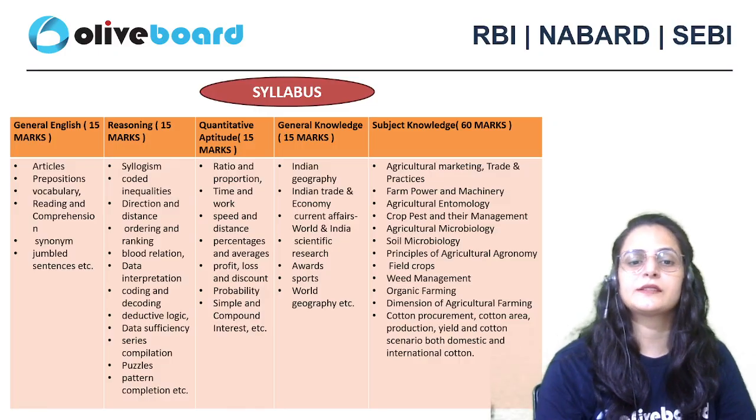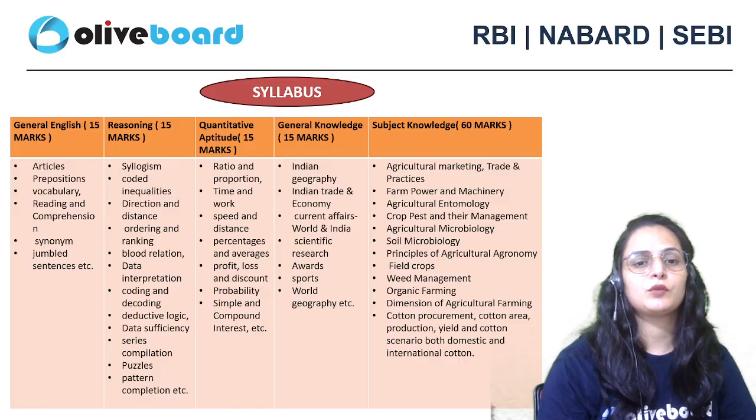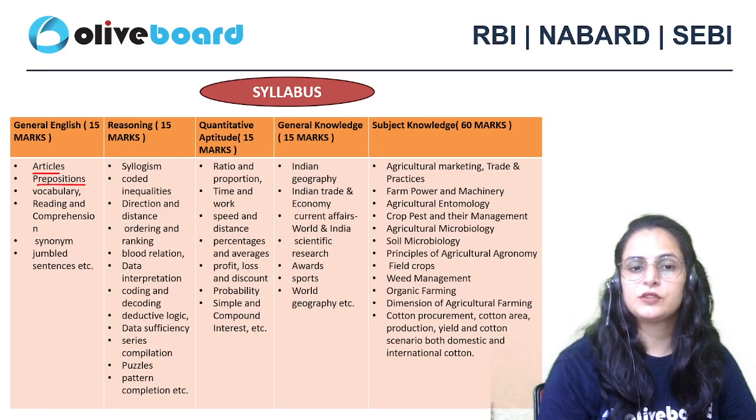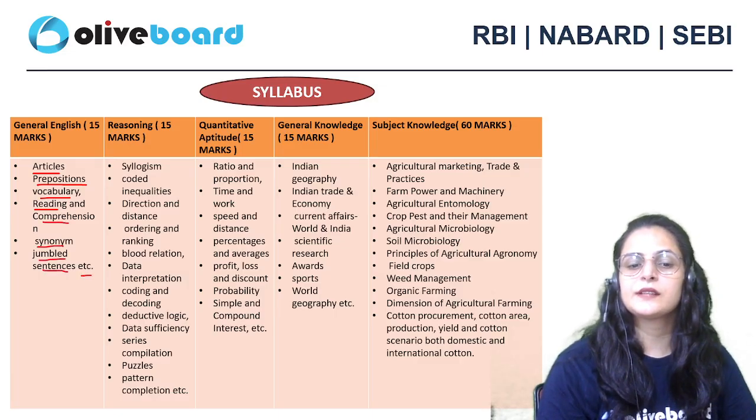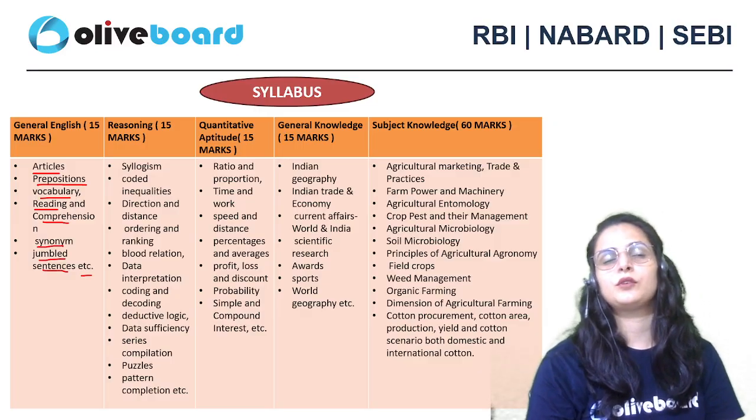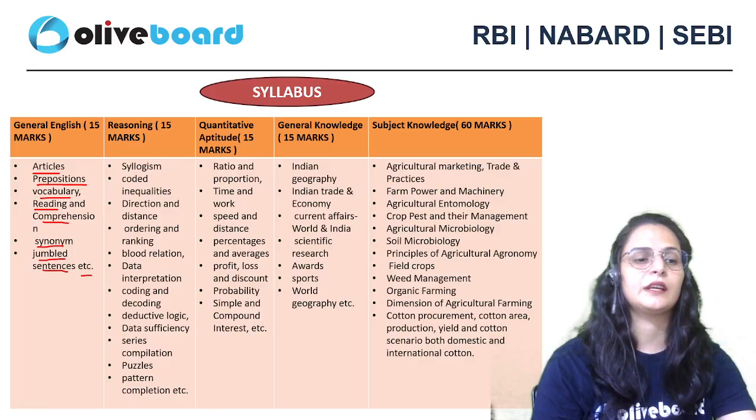For 15 marks, the portion that you have to cover is articles, prepositions, vocabulary, reading comprehension, synonyms, jumbled sentences, etc. This is the portion that you have to cover under general English.